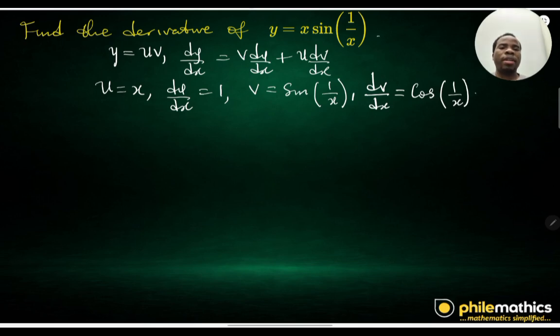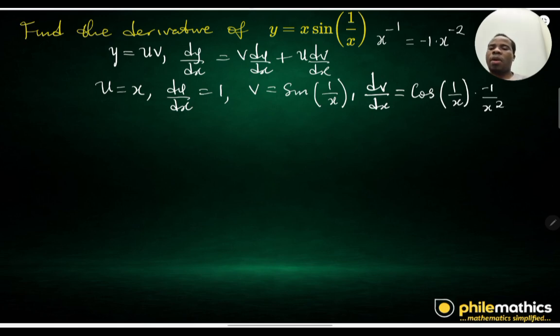Remember, 1 over x is the same as x to the power minus 1, and if we differentiate this, we'll have minus 1 times x to the power of minus 1 minus 1, which is minus 2. So this is minus 1 over x squared.